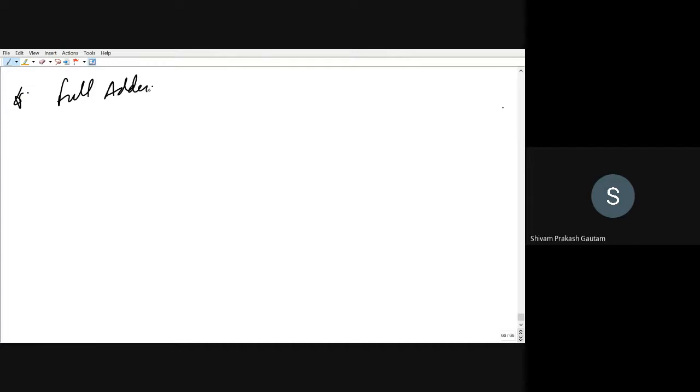As we have already talked, in a full adder 3 bits will be there, where 2 bits will be variables and the third bit will be carry. So directly I'm writing A, B, and C in, the carry from the previous bit. Suppose you have a 2-bit number, bit 1 and bit 0, this is D1 and D0.